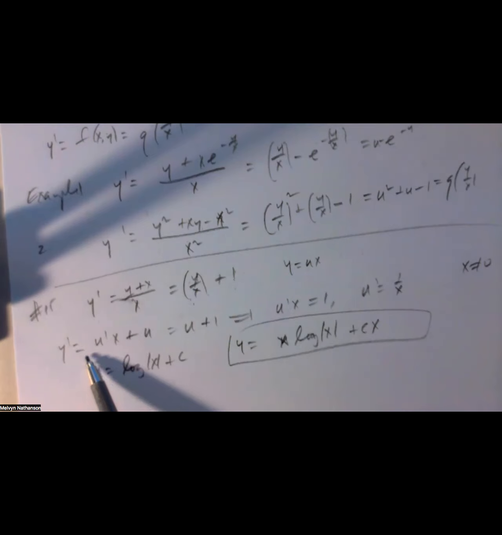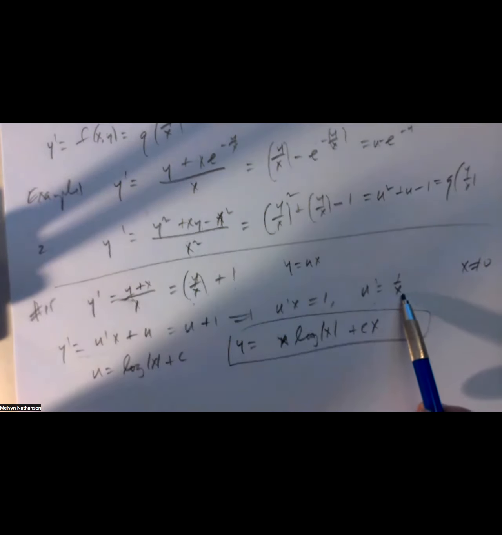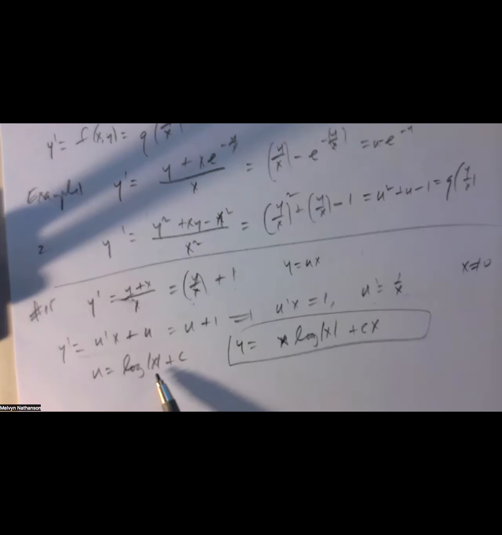When you make that substitution, you end up with just the equation u prime is 1 over x, so u is log x plus a constant multiplied by x, and we're done. Any questions about this?